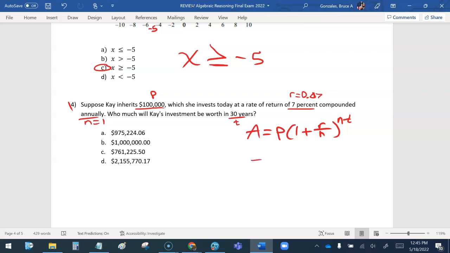So we're going to get 100,000 times 1 plus 0.07 over n, which is 1, to the power of n times t, 1 times 30.